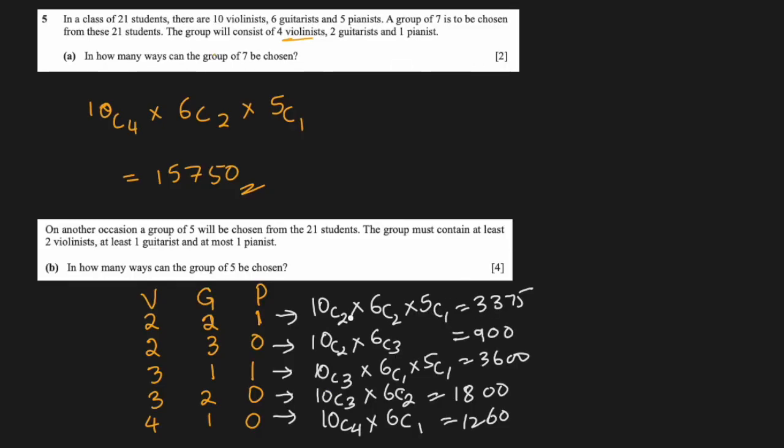So I have written them and calculated as well. I did not write anything for zeros because anything C0 is 1. So there is no point of writing it. These are their values individually. And if I add all the combinations, what I'm getting is 10935 combinations.